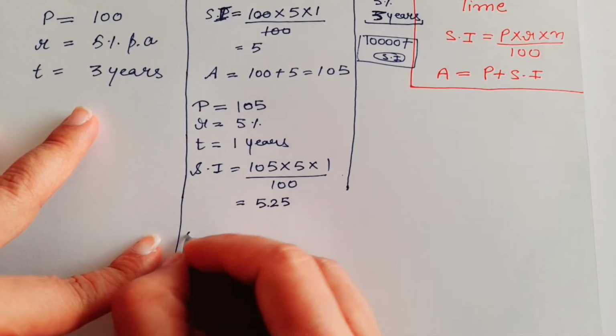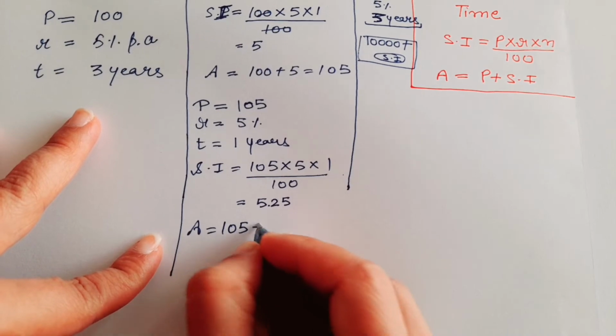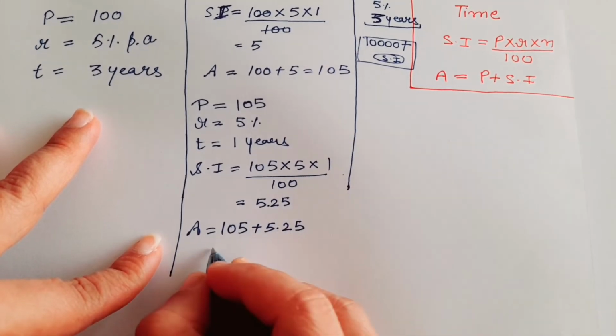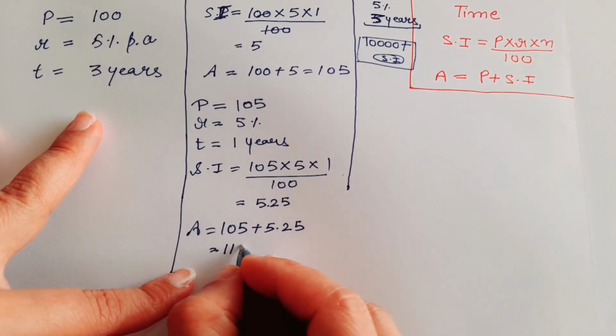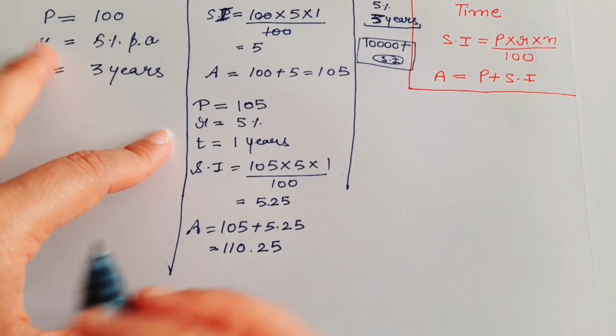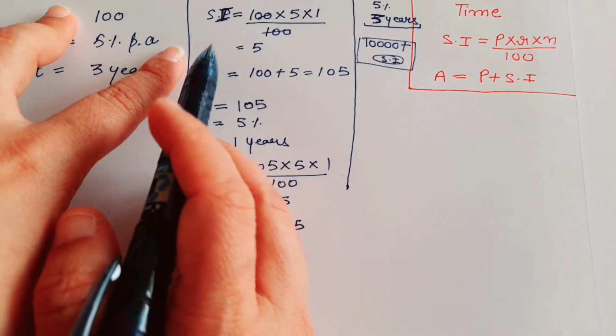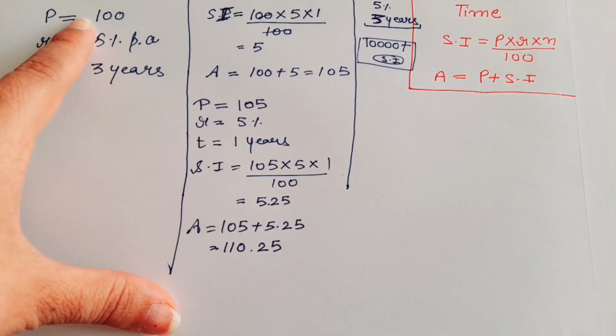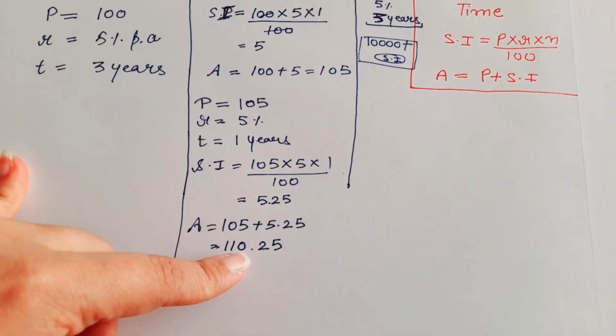Then your amount is 105 plus 5.25, which is 110.25. See, the principal is only 100 here, and therefore the difference is this.